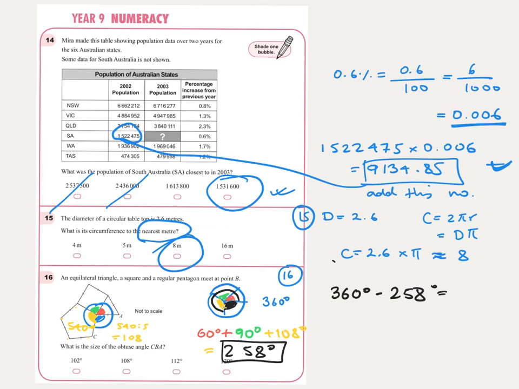You're going to end up with 102. Yeah, that's correct. So that is the angle CBA, and that's the first option here, isn't it?